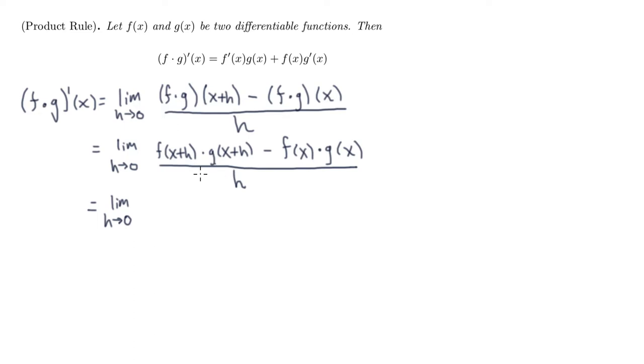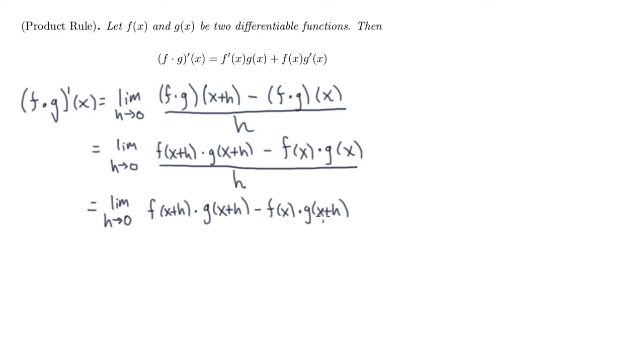So what I'm going to do is write that this is f of x plus h times g of x plus h, and then I'm going to subtract f of x times g of x plus h. Okay, so that's coming from nowhere.